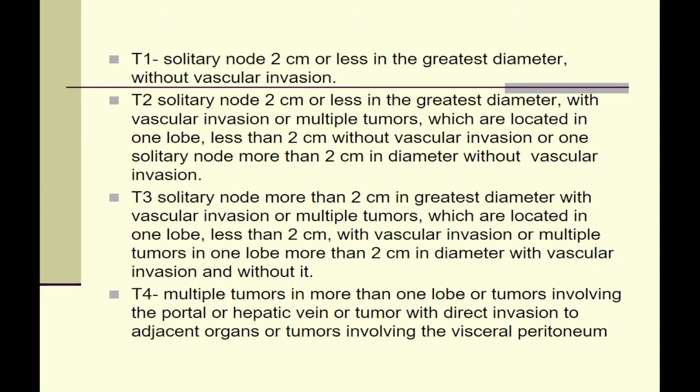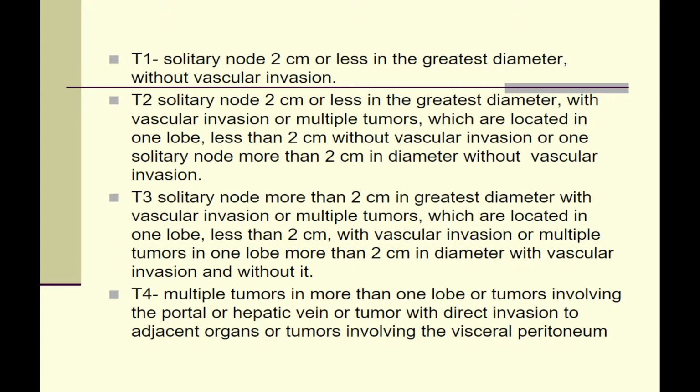T2: solitary node 2 centimeters or less in the greatest diameter with vascular invasion, or multiple tumors located in one lobe less than 2 centimeters without vascular invasion, or one solitary node more than 2 centimeters in diameter without vascular invasion.